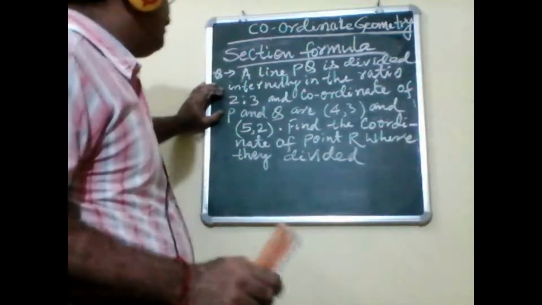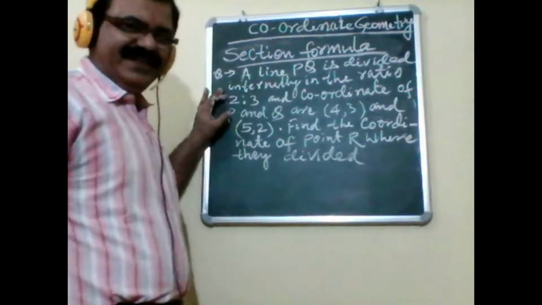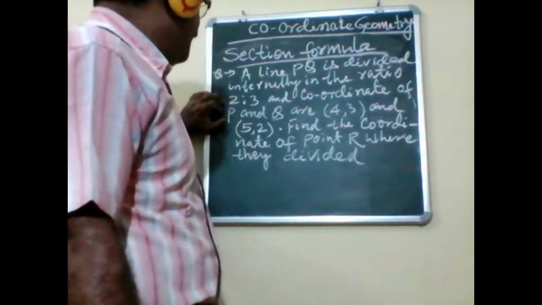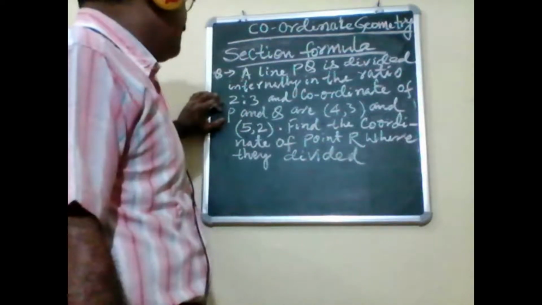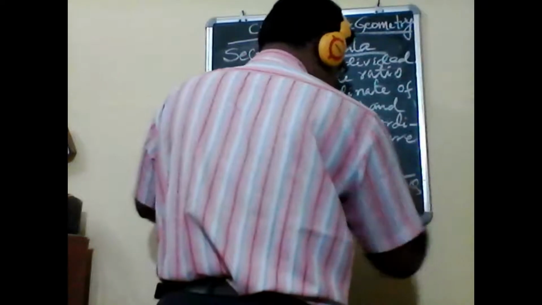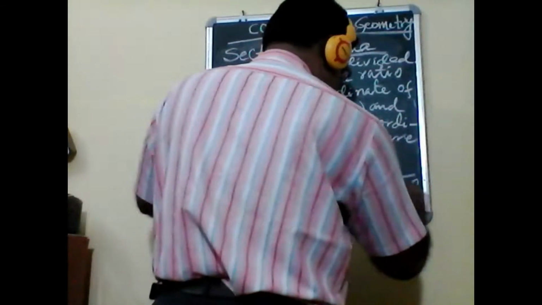So line segment PQ is divided internally at point R. P has 4, 3 and Q has 5, 2. You can draw it like this: P, Q, 4, 3, 5, 2.